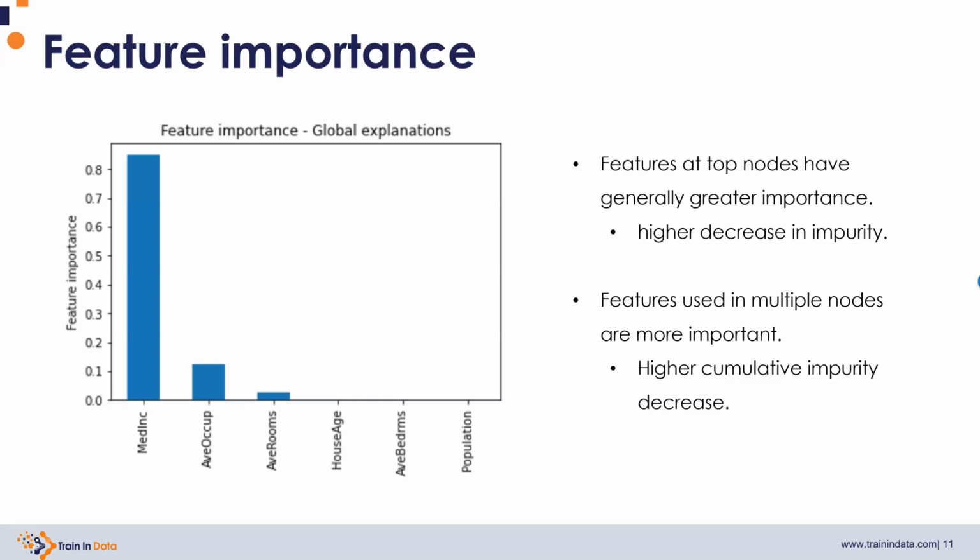Now we need to be careful because if we have features that are highly cardinal, and this is important for highly cardinal categorical variables, the tree will use that feature most likely several times throughout the tree to make decisions. So it is common to find that features with higher cardinality also show higher importance.